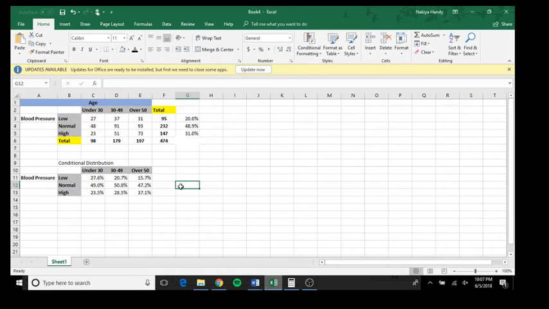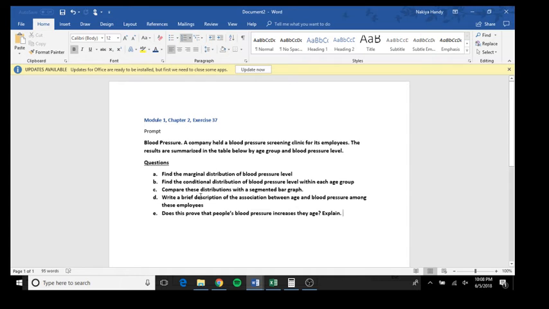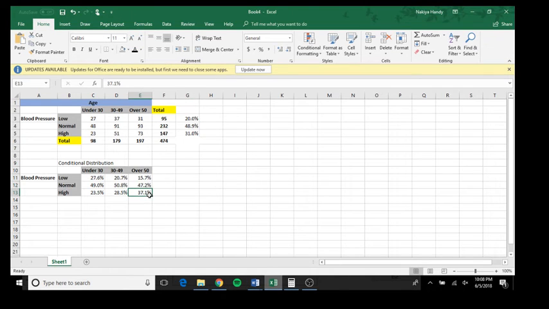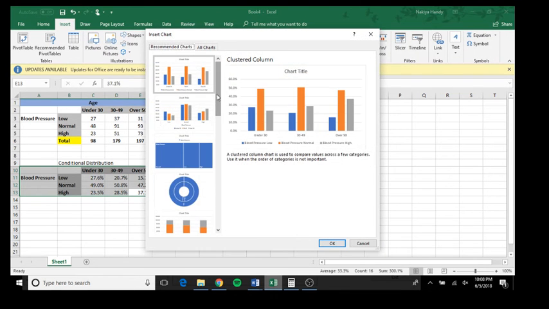And basically, the conditional distribution shows the distribution of one variable for just those cases that satisfy a condition on another variable. So let's go back to our question. Now that we have the conditional distribution, we are going to compare these distributions with the segmented bar chart. So I'm going to go back to my graph, highlight this table, go to insert, and do recommended charts.